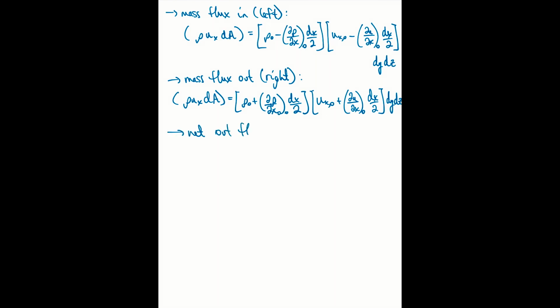Now we've got to do the net outflow. You could imagine that this was coming, and in spite of derivations being somewhat intimidating at the undergraduate level, it's actually not that bad. It's pretty straightforward. What I end up with for the net outflow is I have to take the mass flux out, subtract the mass flux in from the left face, that we've just done here.